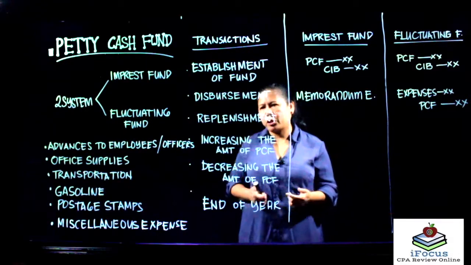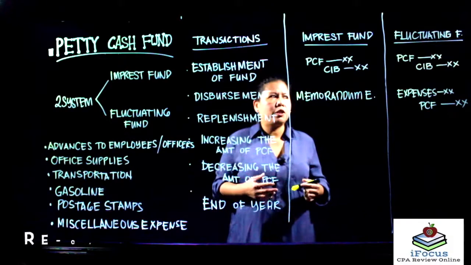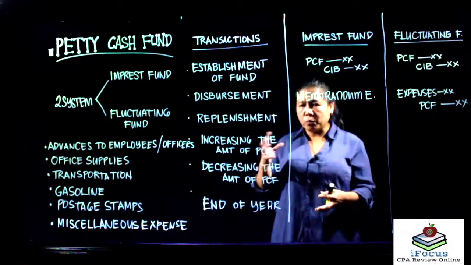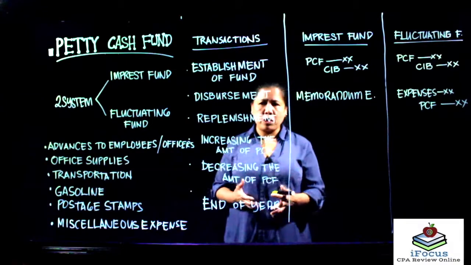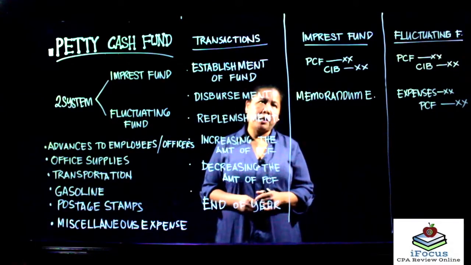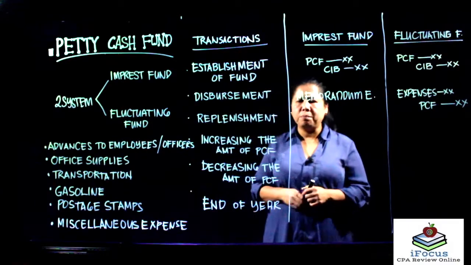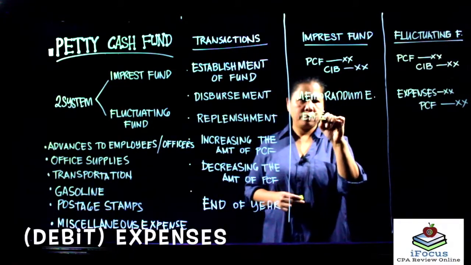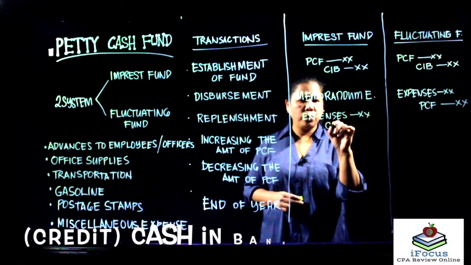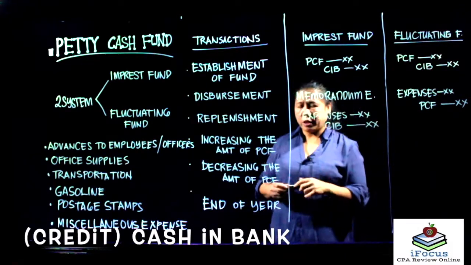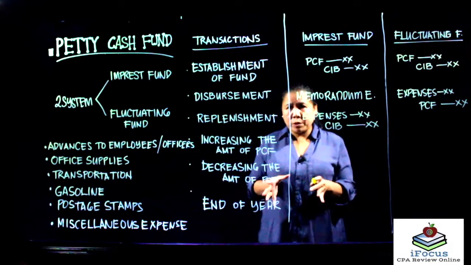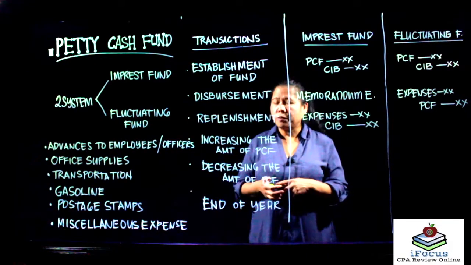Third transaction is replenishment. A replenishment is when you recharge the petty cash fund. So you put more money in the petty cash fund. Under imprest fund system, the entry will be debit to expenses, credit to cash in bank. Usually on replenishment under imprest system, they replenish whatever the expenses on the petty cash fund.